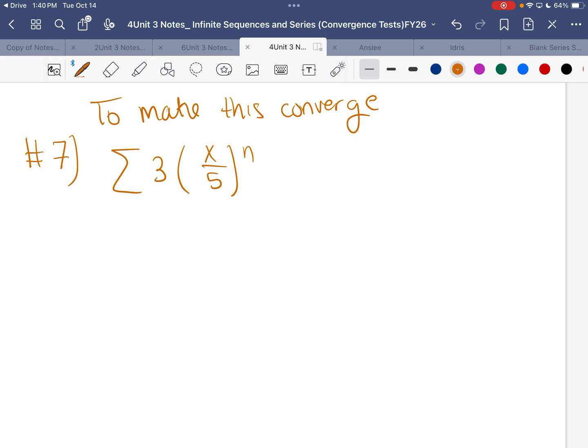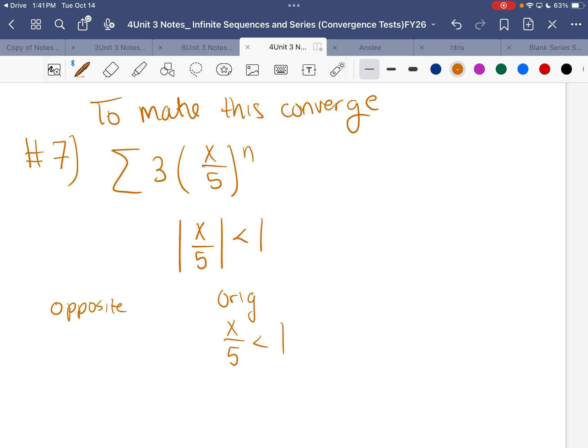But on 7, to make this converge, what would make it be convergent? If the absolute value of x over 5 was less than 1, right? And greater than 0, technically. So the absolute value of this being less than 1 is an absolute value inequality. In absolute value inequalities, you have the original way that it looks, and then you have the opposite.